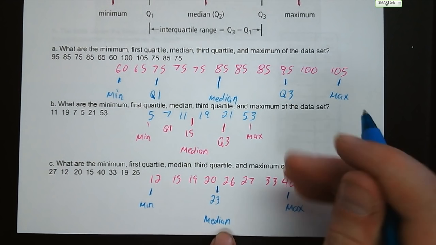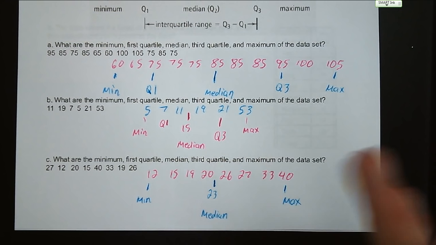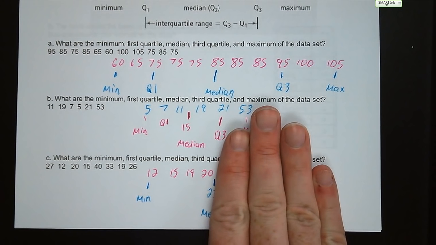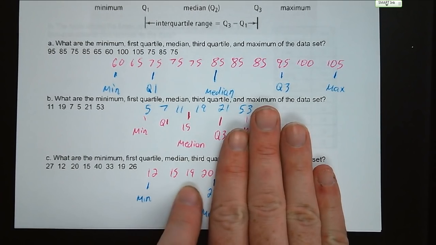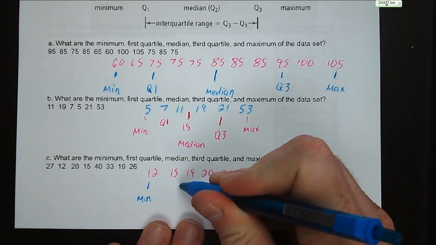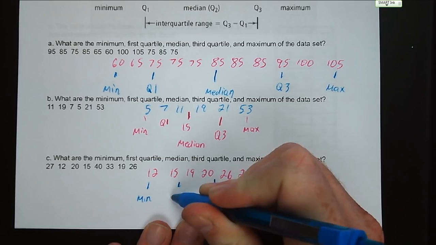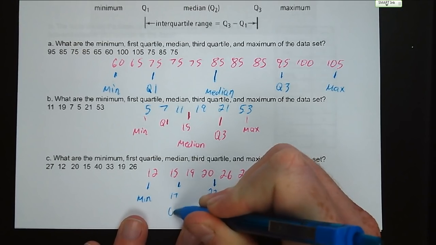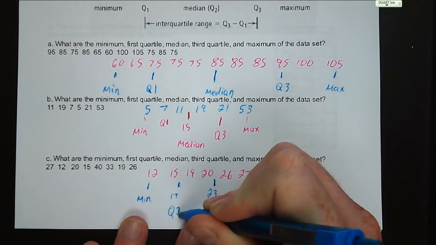So now looking at the bottom half of the data, again, we're going to have to find an average, and we're going to average 15 and 19. So 15 plus 19 divided by 2 is going to give us 17. And that's going to be our first quartile.